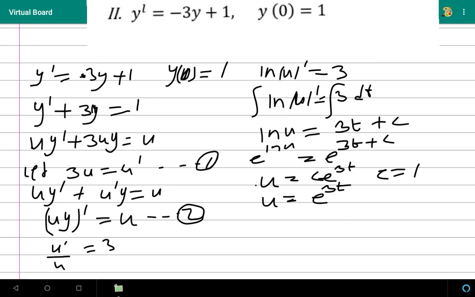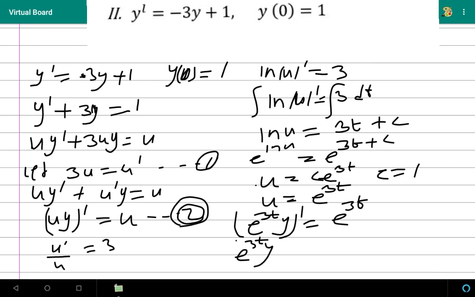Now whenever you see u in equation 2, you substitute e exponent 3t. So substituting u into equation 2, I have e exponent 3t y all prime is equal to e exponent 3t, okay? Now we integrate the right hand side and differentiate it. So I now have e exponent 3t y all prime is equal to e exponent that.